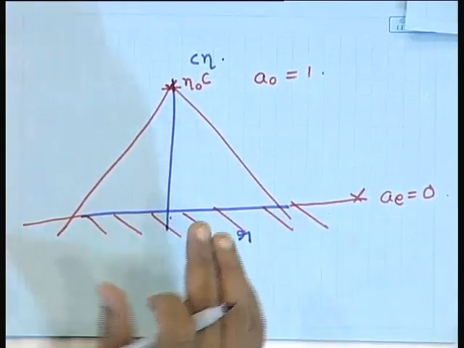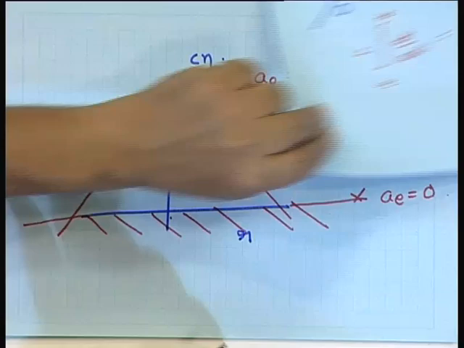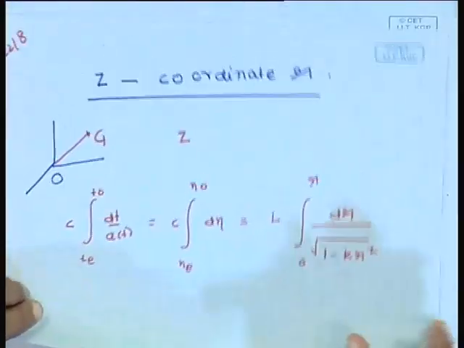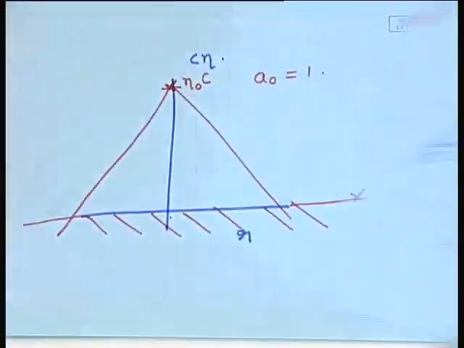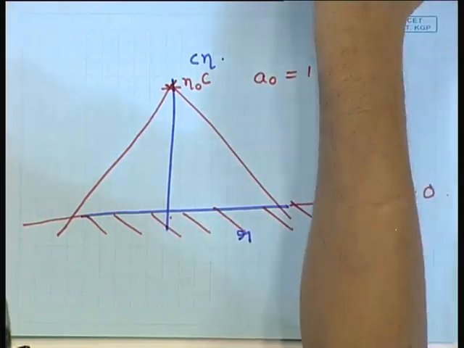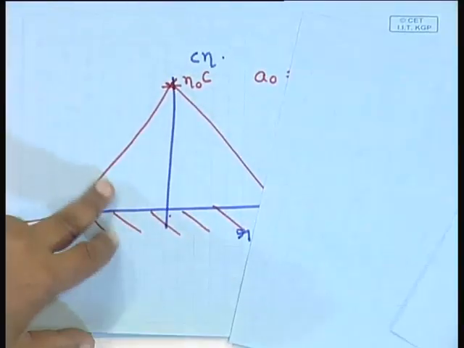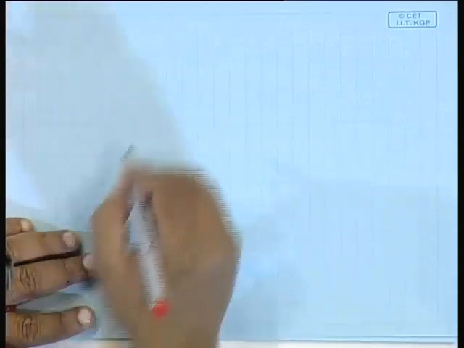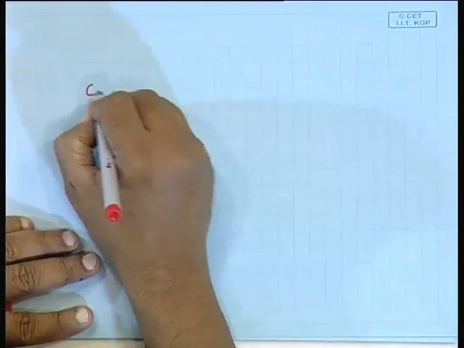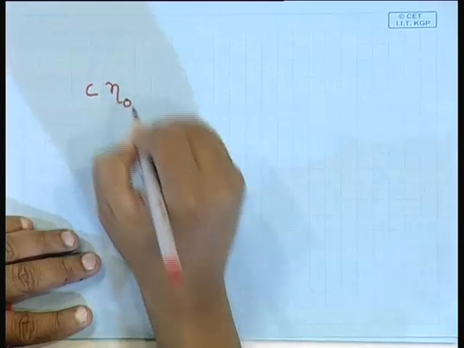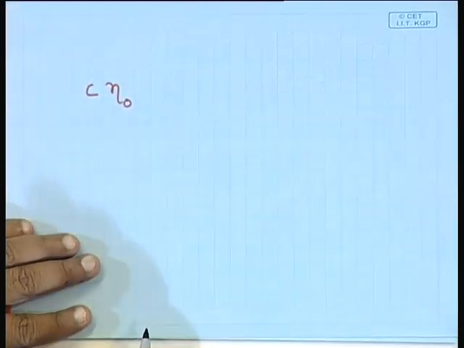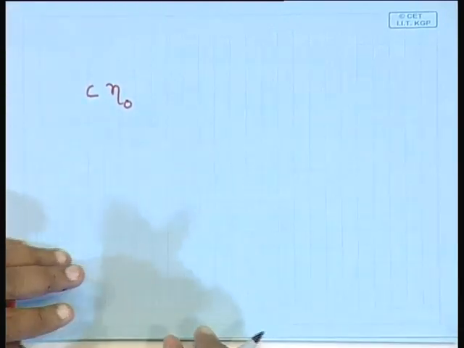So, this 2c by h naught is what is called a horizon, the size of the particle horizon. The furthest distance that light can travel here is c eta, right, that is the furthest distance light can travel.